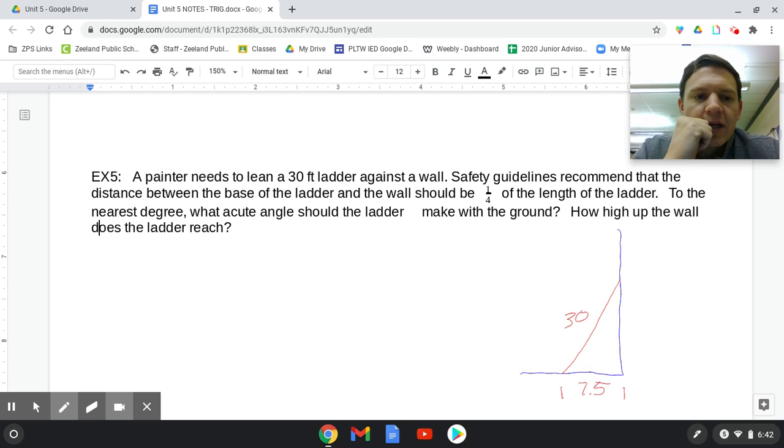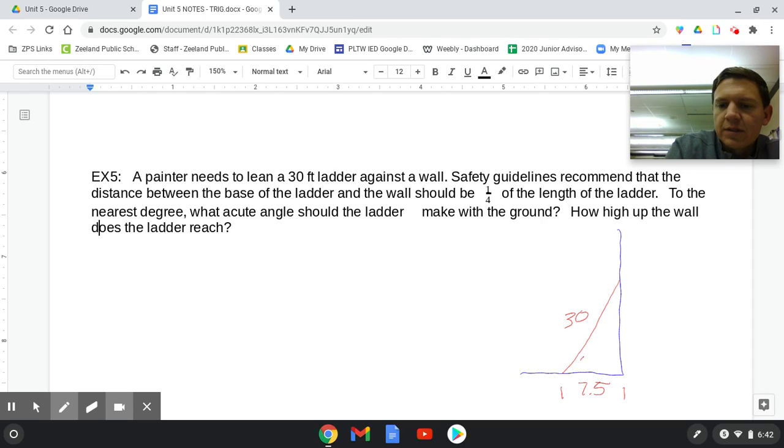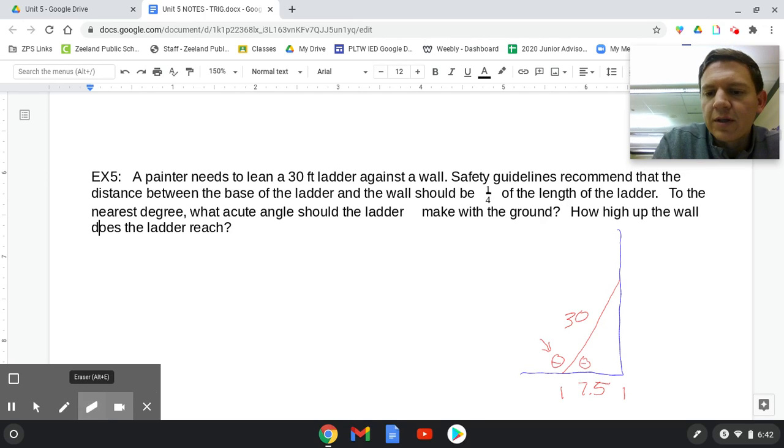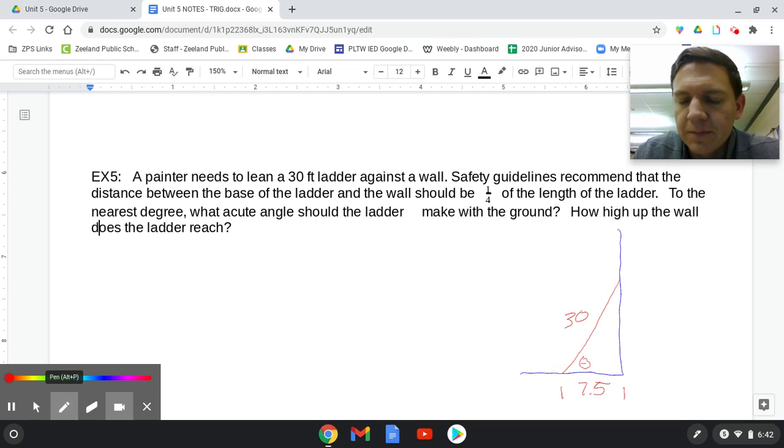To the nearest degree, what acute angle should the ladder make with the ground? So what's this angle? There's two angles here, but this one is not acute. So they want the acute one, or the one that's in the triangle for us. So we'll put theta there. And then they want to know how high up the wall the ladder reaches.